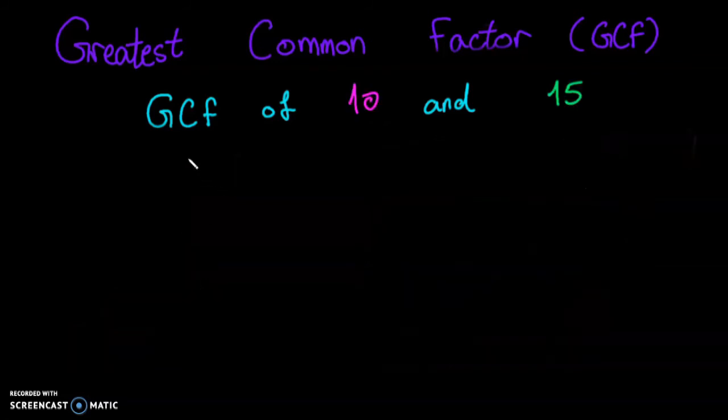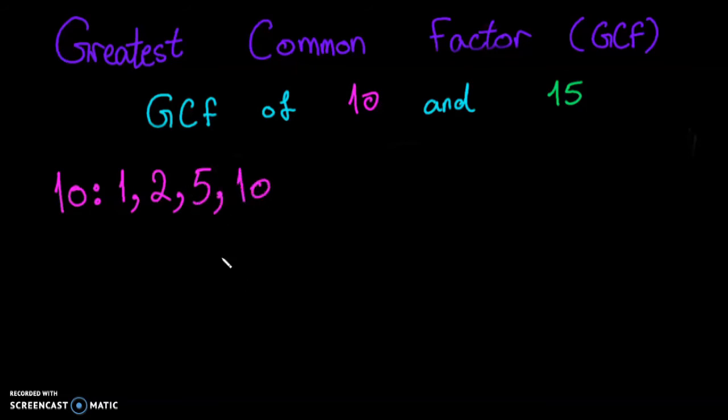Now let's try to find the greatest common factor of 10 and 15. Let's try to do it both ways. So the first way, we list all the factors. 10, and we said 1 is always a factor. 2, can we divide 10 by 2? Yes. Then 5, 10 divided by 5 is possible.